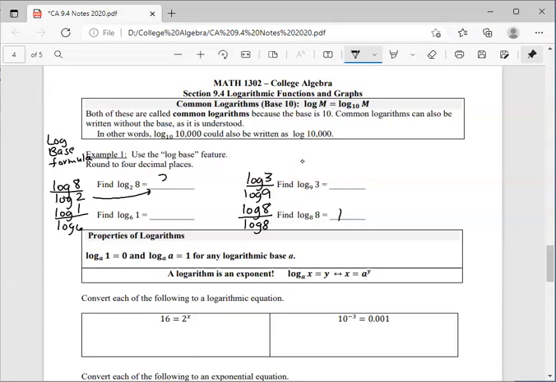We found this answer and we got 3. What are y'all coming up with for log base 6 of 1? I'm sorry, what? 0, yes. Log base 9 of 3. 0.5 or 1/2, either way you want to look at it.